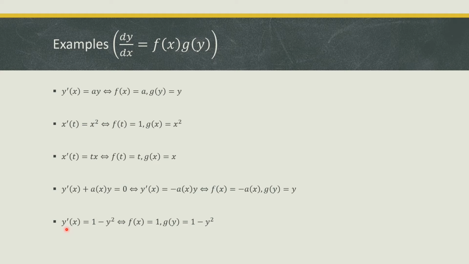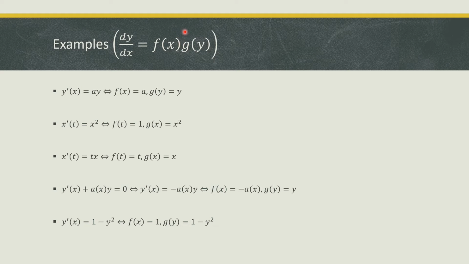Then the last example is y prime equals 1 minus y squared. Here we choose f of x equals 1 and g of y equals 1 minus y squared. We just note to ourselves that the operation between f of x and g of y must be multiplication.